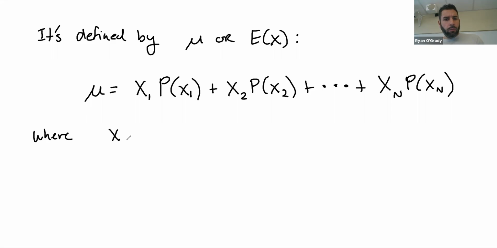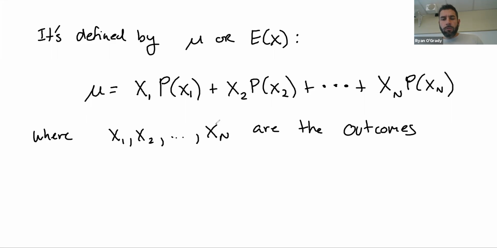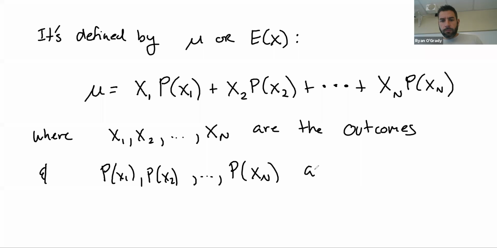So what are x sub 1, x sub 2, etc.? These are the outcomes, and these are their corresponding probabilities.